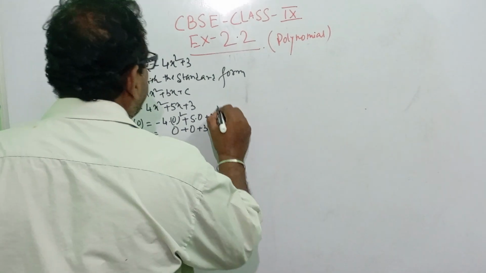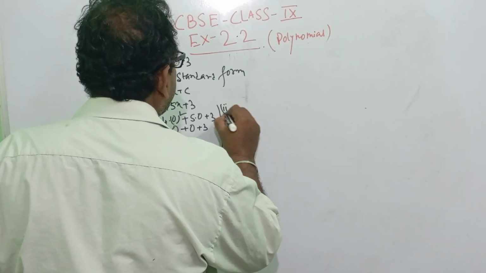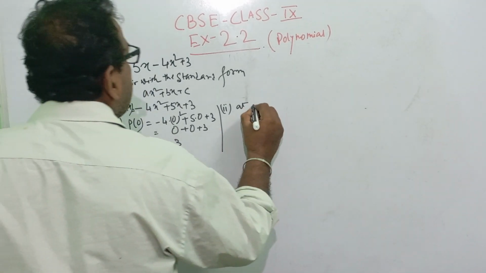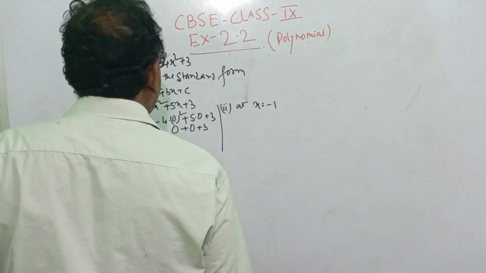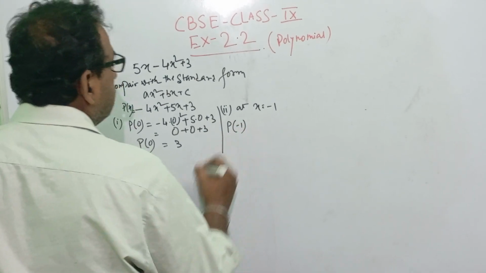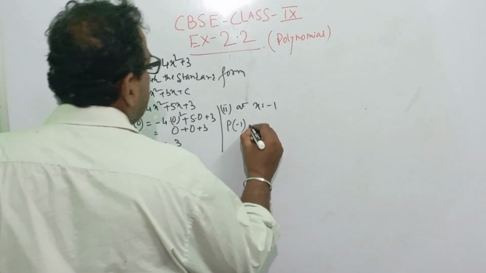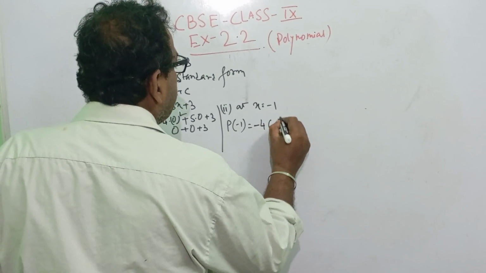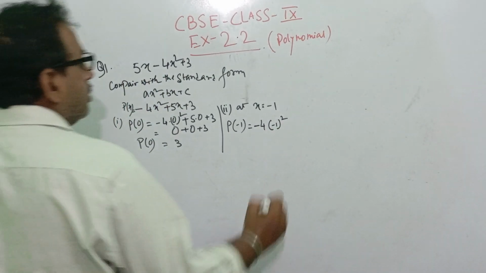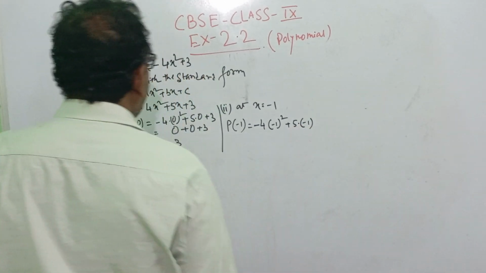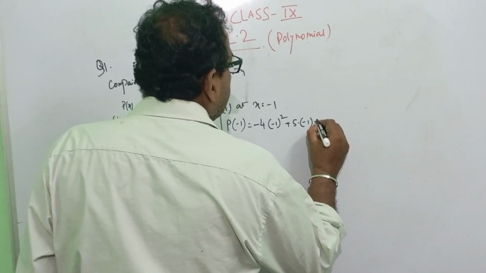Second one, at x is equal to minus 1. So that is p of minus 1 is equal to minus 4 into minus 1 square plus 5 into minus 1 plus 3.